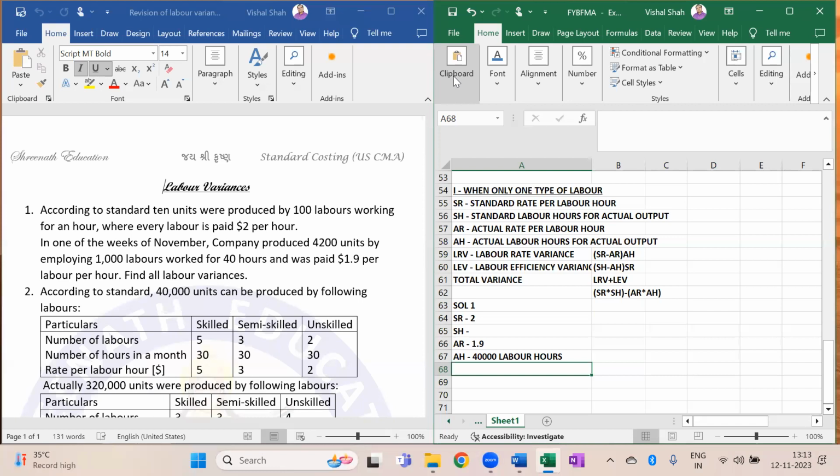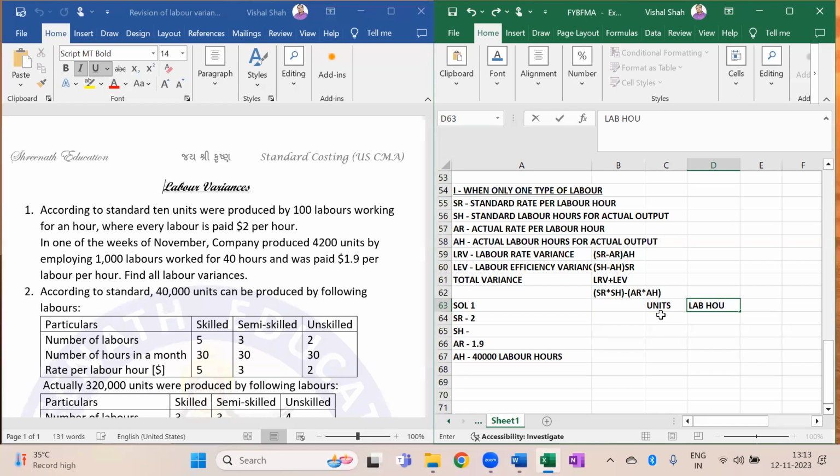Company used 40,000 labor hours to produce 4,200 units. How to go ahead? If you noticed, there is only one element missing, and that is SH. Like how input output was there, here again units and labor hours. So how do I find labor hours?